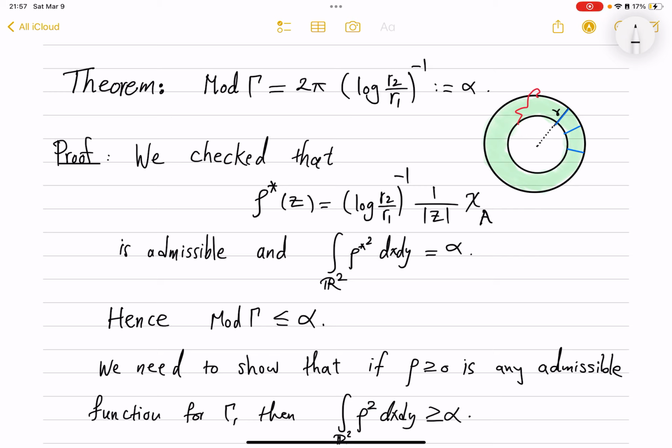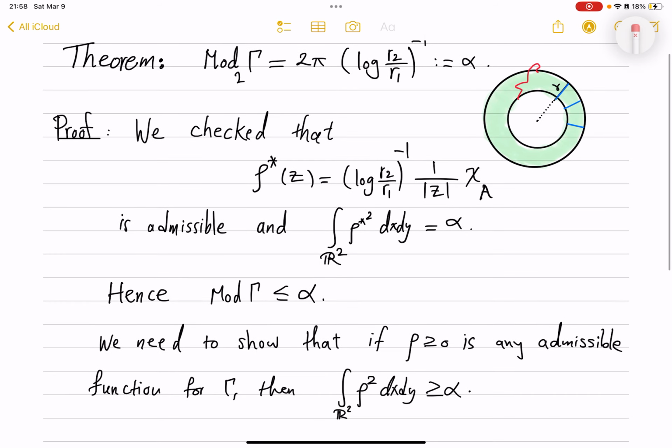Once you know that a particular function is admissible, of course its L2 norm, and here we're talking about mod 2 in fact, which is the L2 integral, then whatever that number is, it's an upper bound for the modulus. So at least you have one function with L2 energy equal to alpha, so modulus, by definition the infimum of all such L2 integrals, has to be less than alpha.